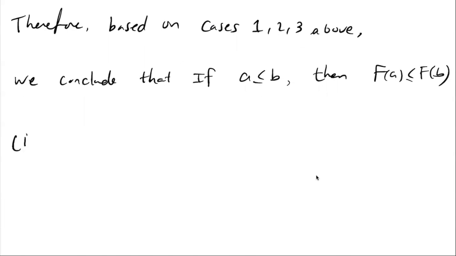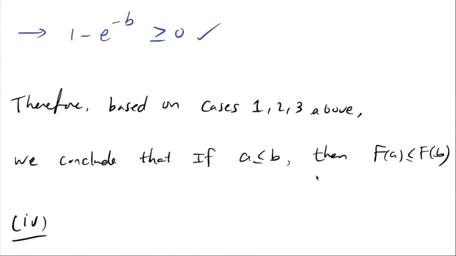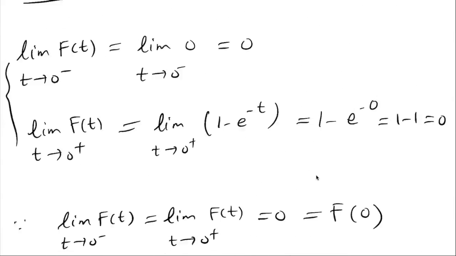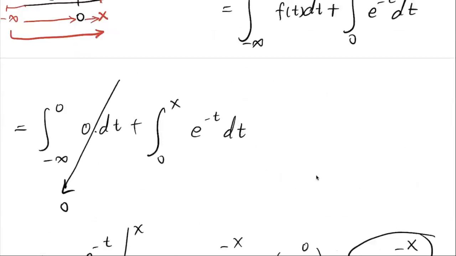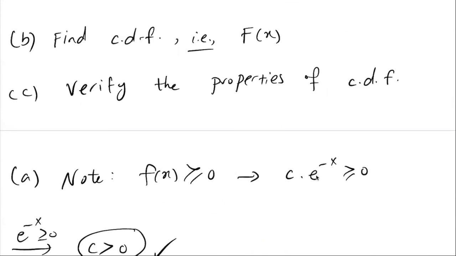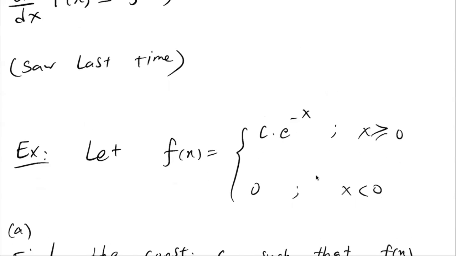And finally, the fourth property of CDF is that derivative of CDF should be PDF as long as PDF is continuous. Well, PDF is continuous on which intervals? Look at the formula for PDF. C turned out to be 1.